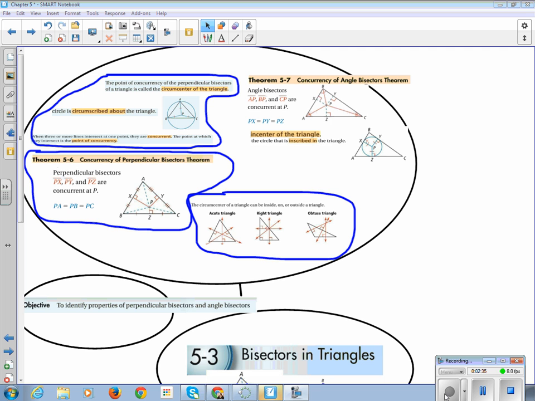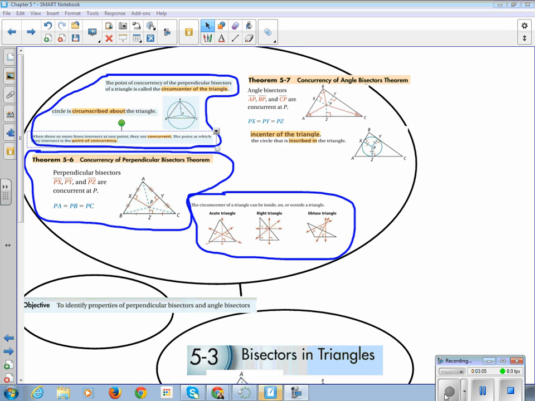Now, thinking of this in terms of construction, you find all the perpendicular bisectors, find where they cross, and then using that as your center point and opening your compass from point P to point C and making a circle circumscribed about is a valid geometry option.